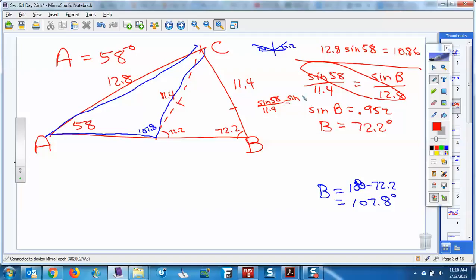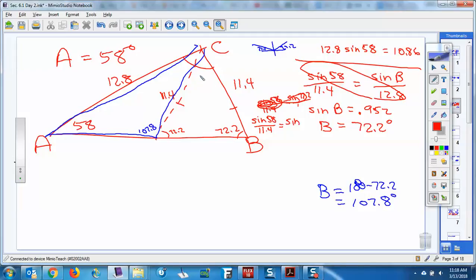Okay, so now I would probably go sine of 72.2 divided by 12. No, wait, what am I doing? That was stupid. Okay, sine of 58 over 11.4. And then the one I'm missing here is, now I need C, right? So what would this be up here now, the red? That'd be 180 minus 58 minus 72.2.